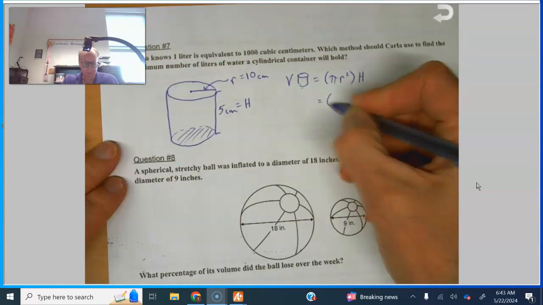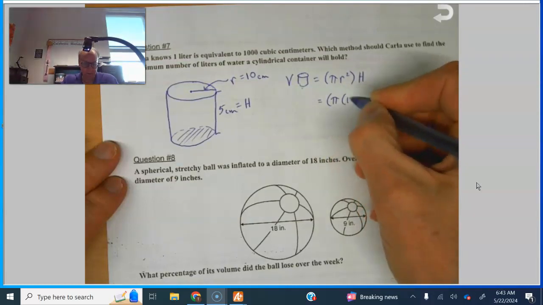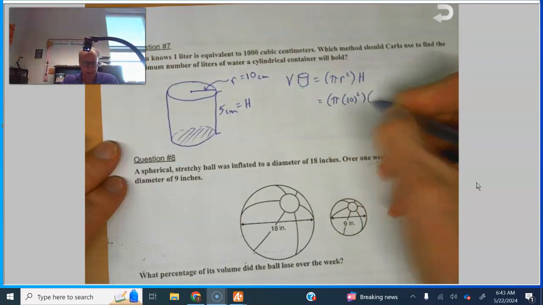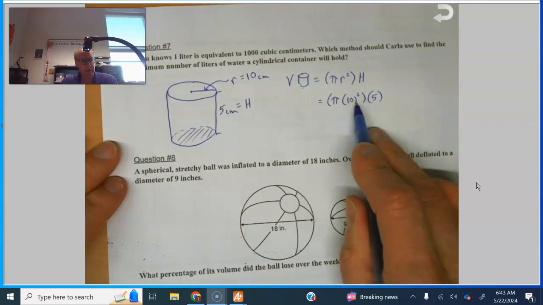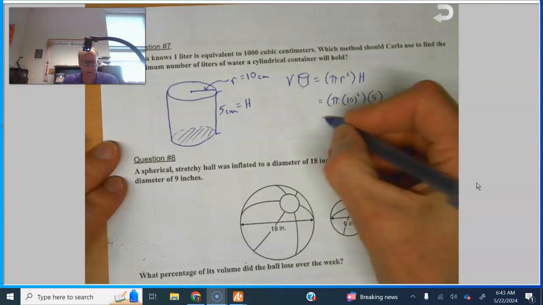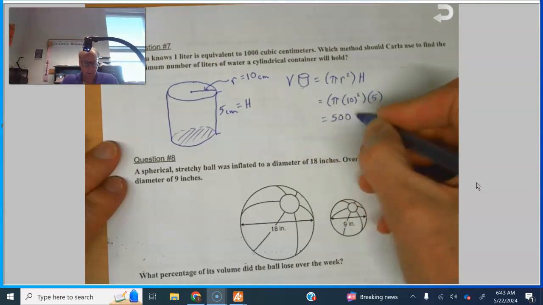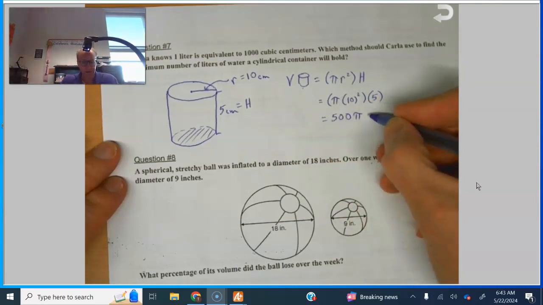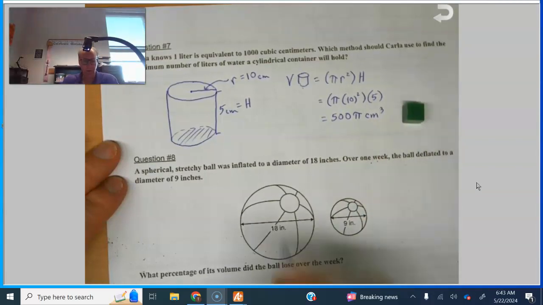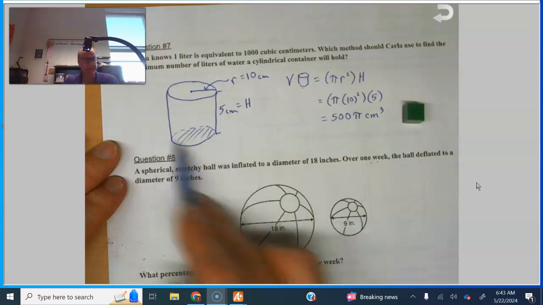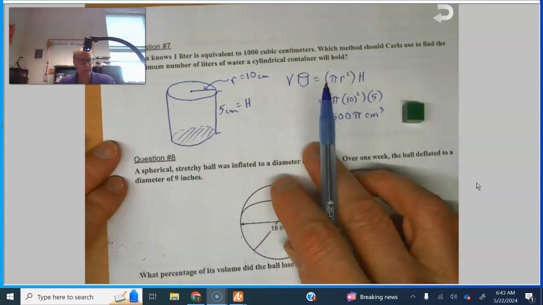In this case, we're talking about pi times 10 squared times the height, which is 5. This is going to be 100 times 5, or 500 pi. Now, this is in cubic centimeters. That's how many of these would fit, more or less, inside of this cylinder.